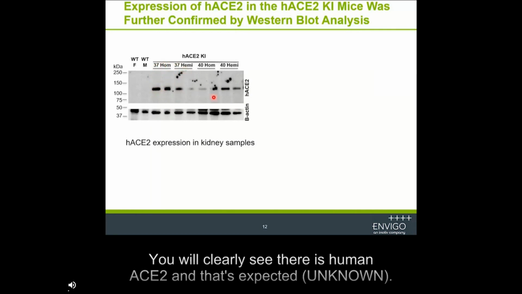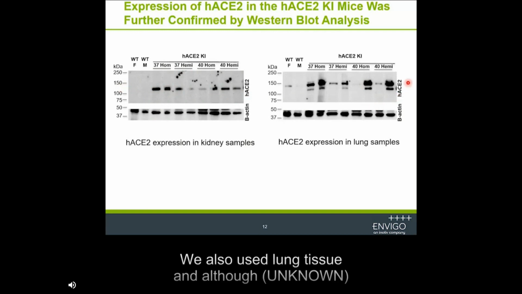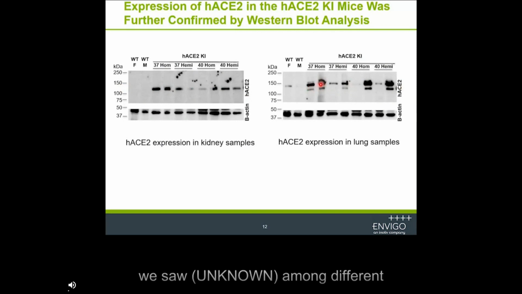Now we can clearly see there is a human ACE2 band at the expected molecular weight size. We also use lung tissue, and although we saw large variation among different animals, we can clearly see human ACE2 protein is expressed in the lung.